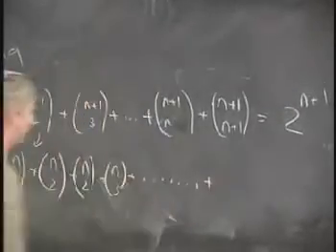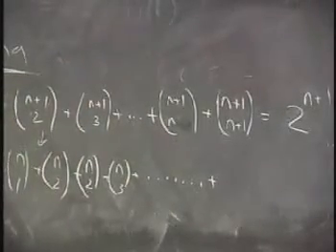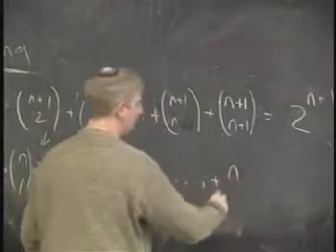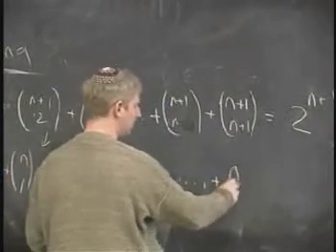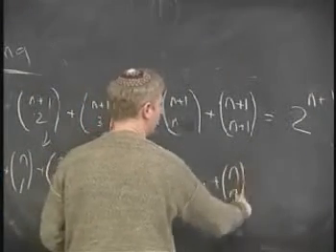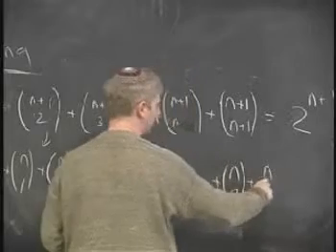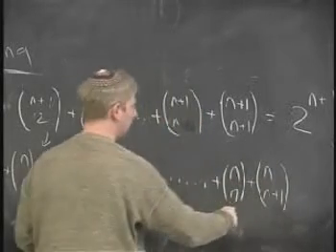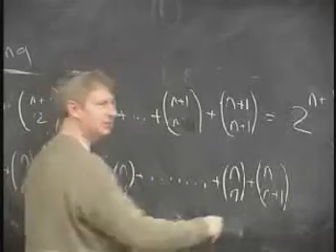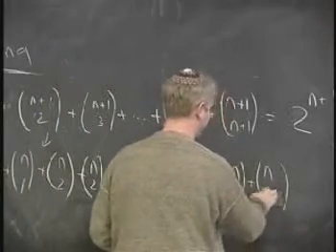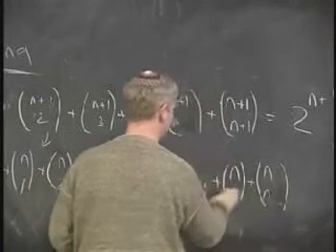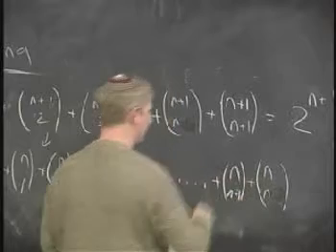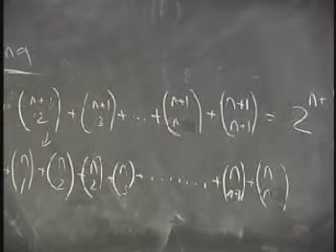What happens at the very end? n choose n. Those are the last two.